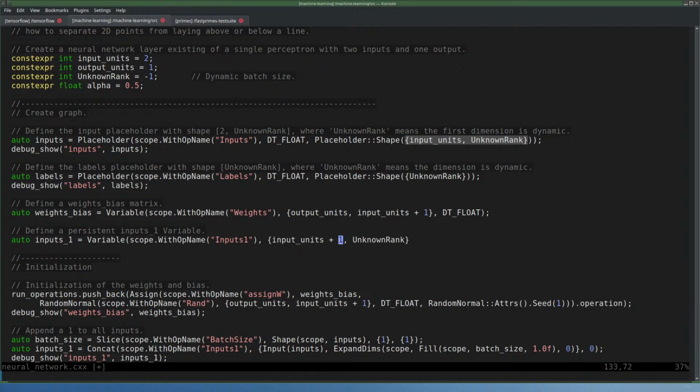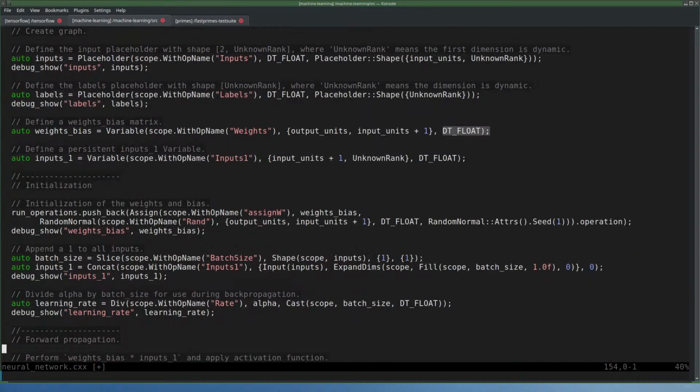Anyway, one larger inputs. That's all plus one there. Float. Yep. So I do have a batch size here already. So now, during runtime, we know how big this thing is.